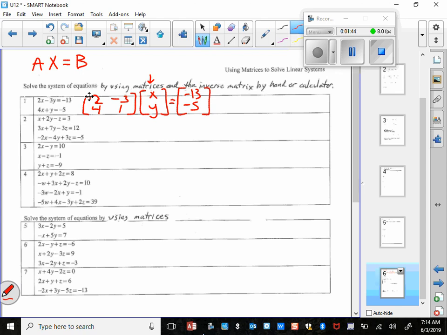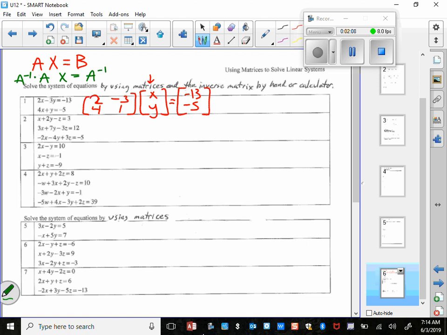If you had x plus 5, you would subtract 5. Remember, you're always doing your inverse operations. So keyword here, doing your inverse operations. So we are going to multiply both sides by the inverse of A just so we can get x.